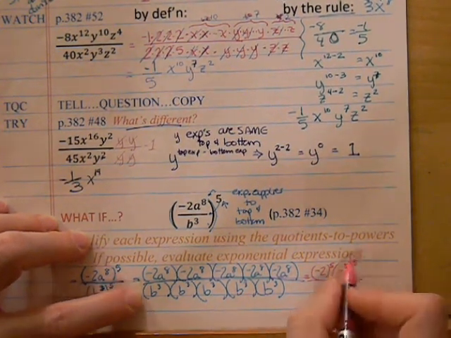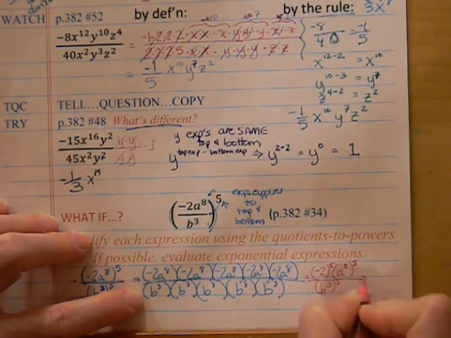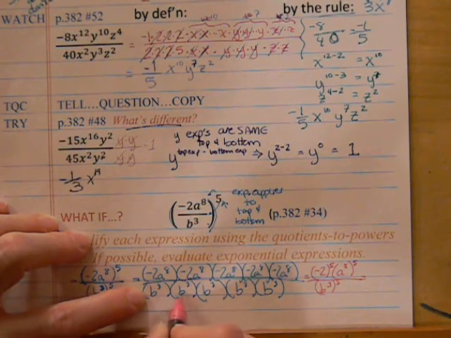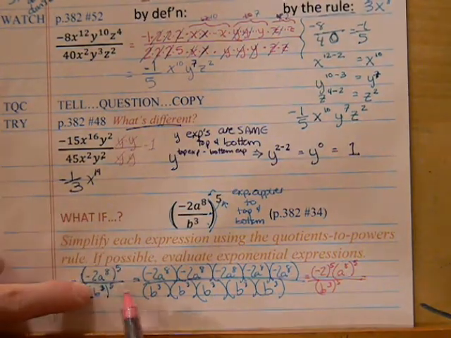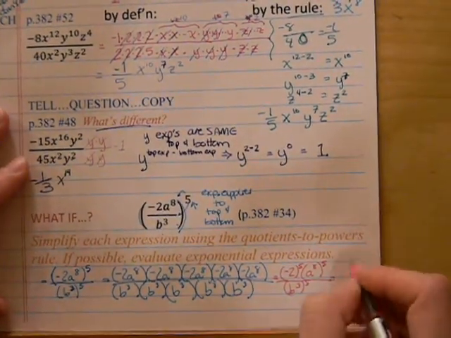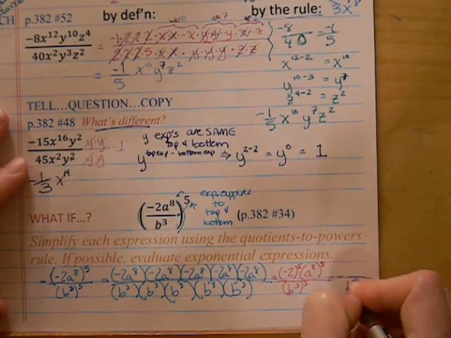On the bottom, it's b cubed times itself 5 times. It's how many of these? 1, 2, 3, 4, 5, 6, 7, 8, 9, 10, 11, 12, 13. But we remember, oh yeah, 15. Where does the 15 come from? 3 times 5. So you would get b to the 15th on the bottom.